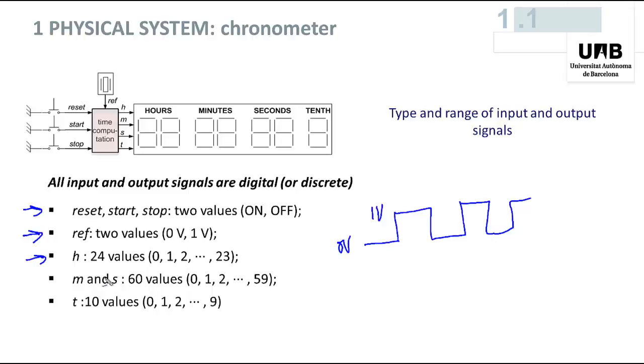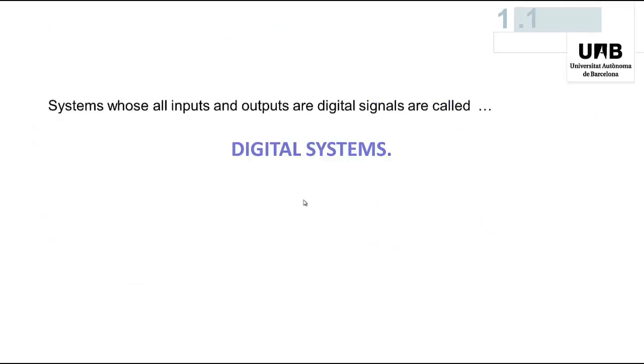H has 24 values, from 0 to 23. M and S have 60 values, from 0 to 59, and T has 10 values, from 0 to 9. Systems of this type, I mean systems whose all input and output signals are digital signals, are called digital systems.